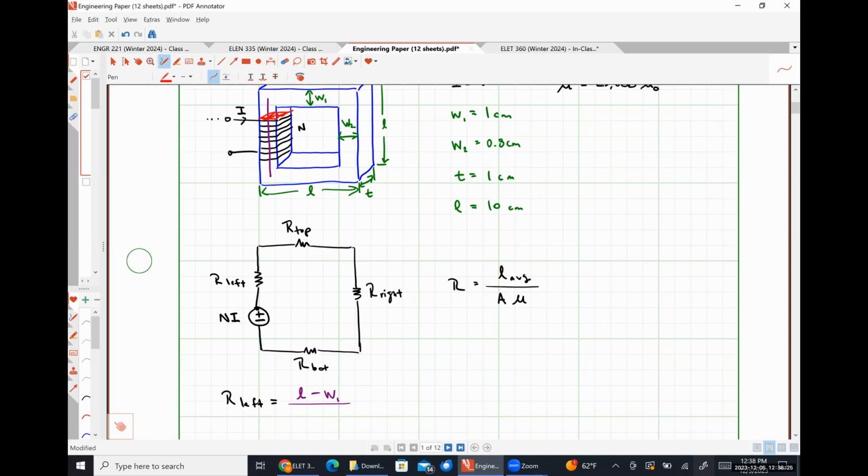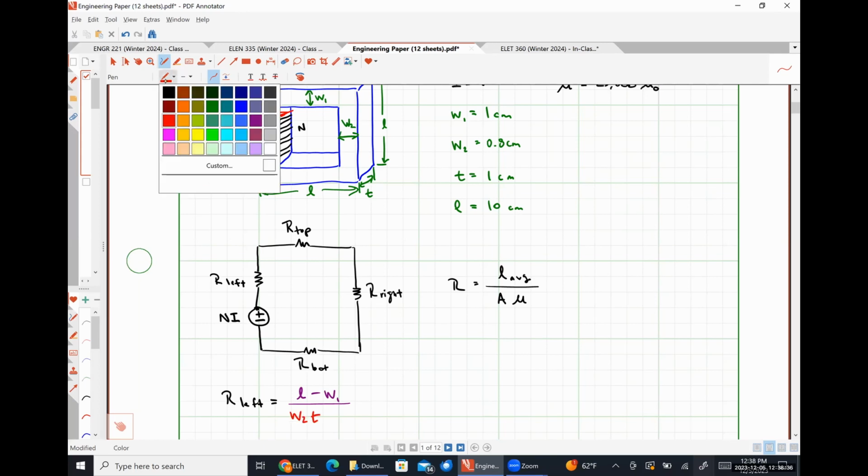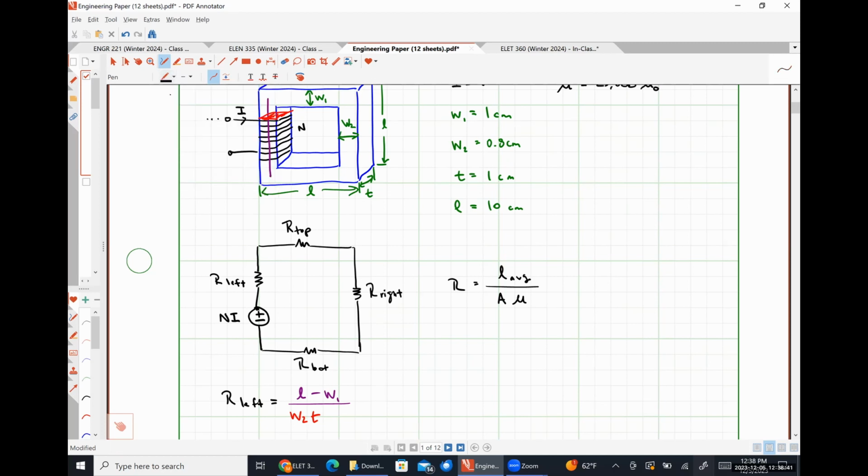T times W2. And then I have simply my permeability, which is going to be the mu that was given to us, where we need to know the value of mu naught in order to calculate this, right? 4 pi times 10 to the minus 9 henries per centimeter is what we're going to wind up using.